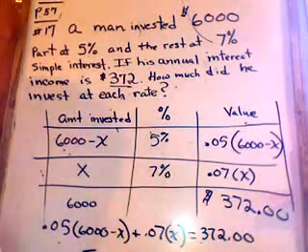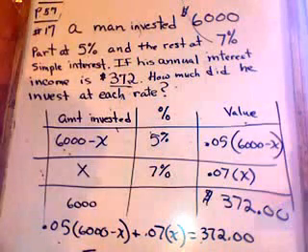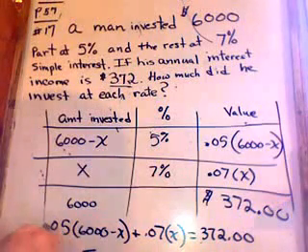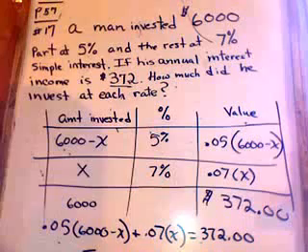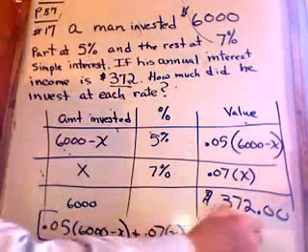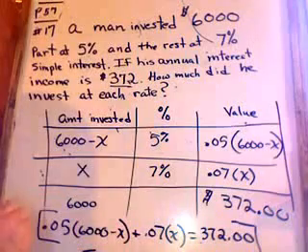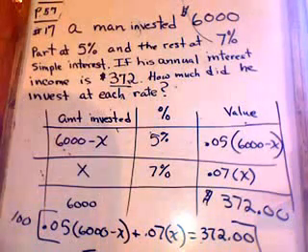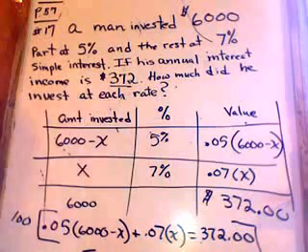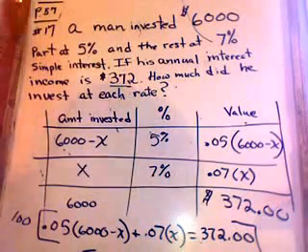Now, the one thing I don't like about this problem is that we have these decimal points here. Well, you know what we could do? We could multiply the whole problem by 100 and get rid of that decimal point. You want to do that? All right. Well, here goes.